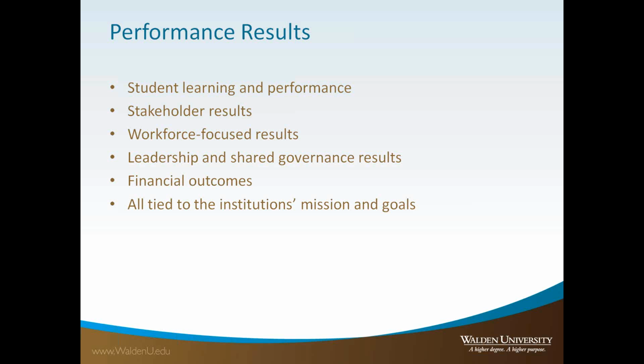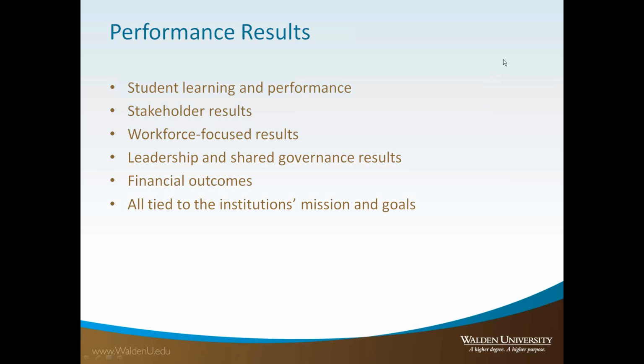The 7th one is actually kind of where the rubber meets the road. What do the numbers look like? Do you have performance results in each of these categories? Are they getting better over time? Do they hold up when compared to peer institutions? So really looking at the levels of performance, the trend line, and then the comparative data as well.